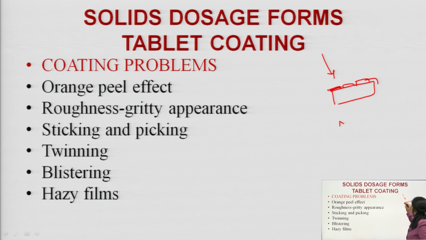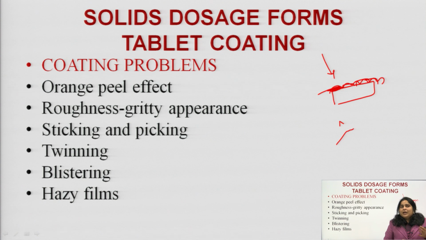The outer part of the coating is dried and some of the moisture or the vapors of the solvent are entrapped inside, which gives a bumpy appearance. That is called the orange peel effect. So, if the position of the spray nozzle or atomization of the spray solution is not carried out perfectly, then orange peel effect can be seen, thus leading to the failure of the tablet coating process.